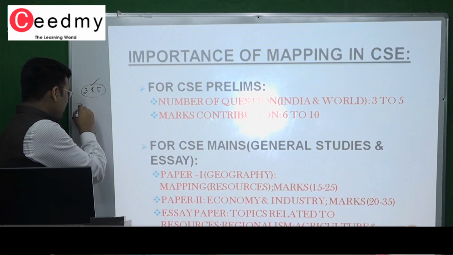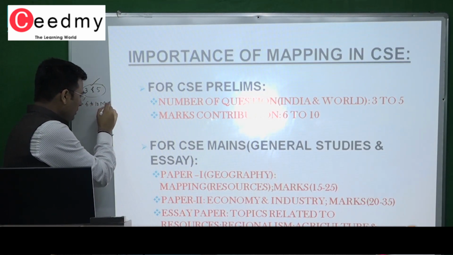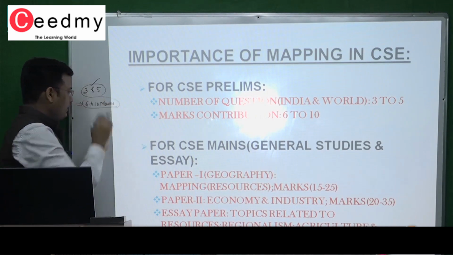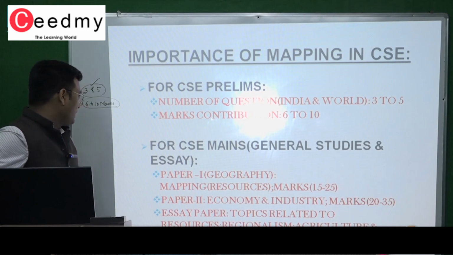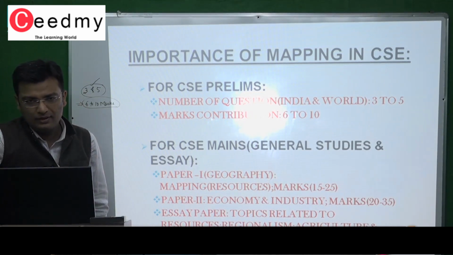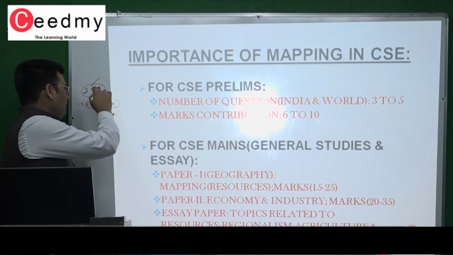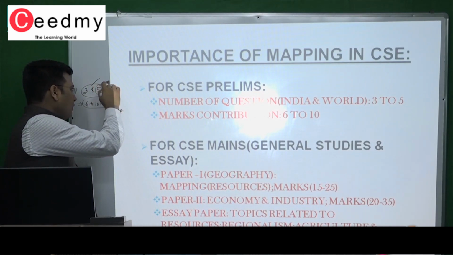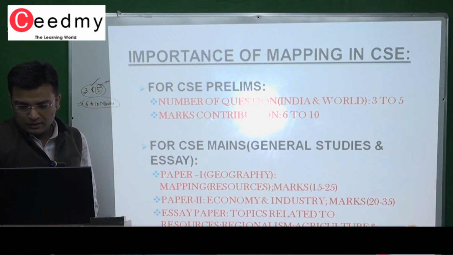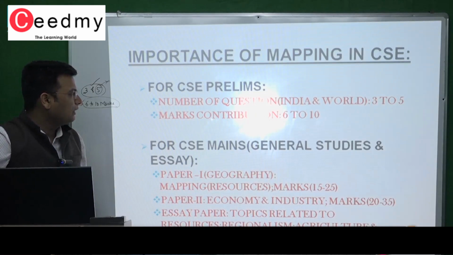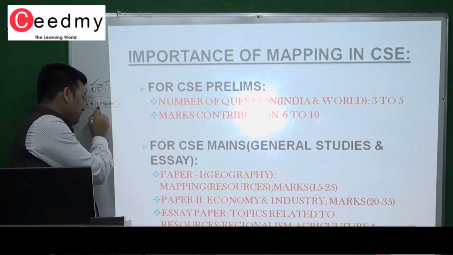So this means they contribute 6 to 10 marks in your prelims examination, which you can score very easily. You can make all of these 5 questions a right choice.